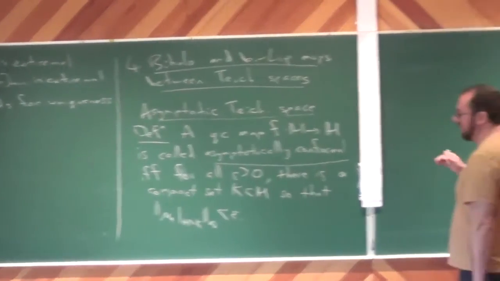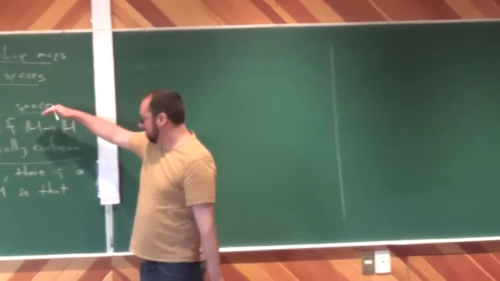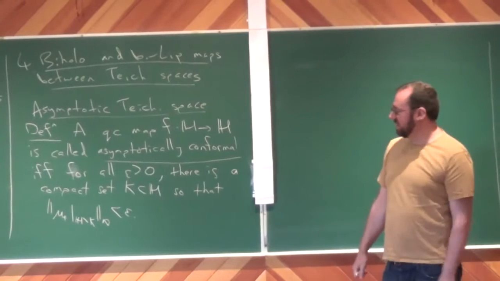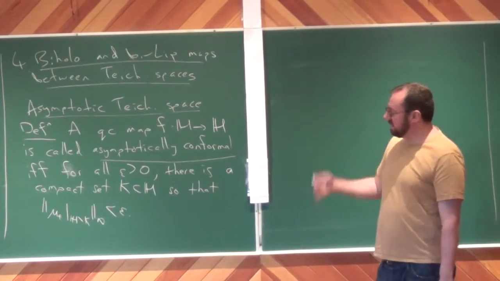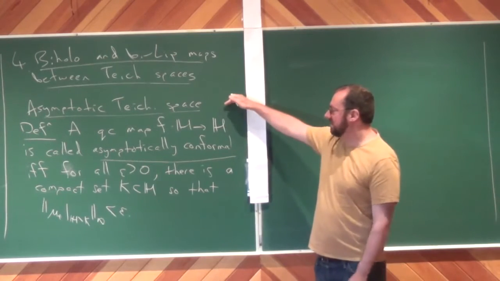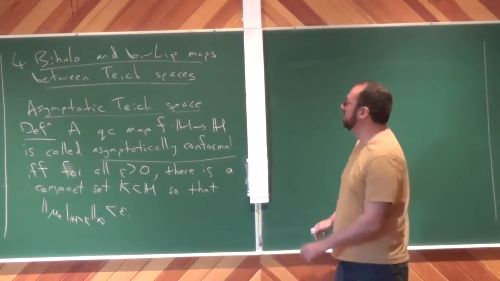So we can put an equivalence relation on quasi-conformal maps in the upper half plane and G-invariant quasi-conformal maps in the upper half plane to get a similar definition for asymptotic Teichmüller space based on the definition for Teichmüller space.